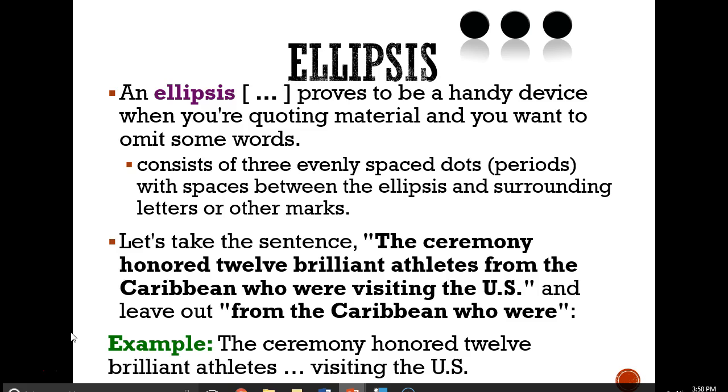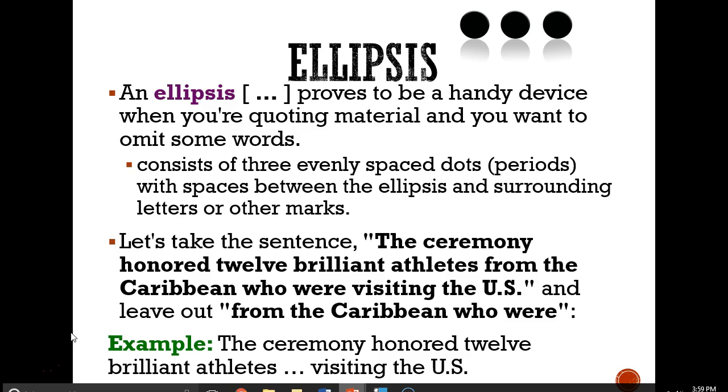These dots are all evenly spaced, with spaces between the ellipsis and the words or marks around them. If you take the sentence, "The ceremony honored 12 brilliant athletes from the Caribbean who were visiting the U.S.," and you take out the fact that they're from the Caribbean, you would then write, "The ceremony honored 12 brilliant athletes ... visiting the U.S."